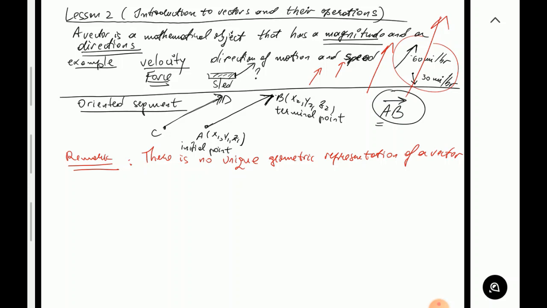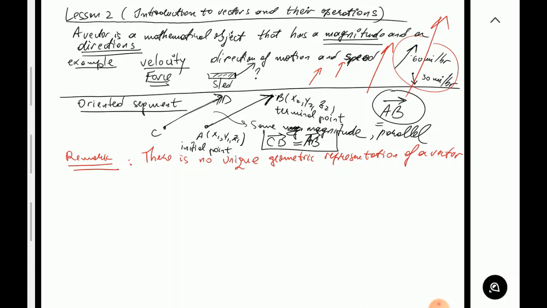If they have the same magnitude and are parallel, they represent exactly the same vector. So the vector from C to D is exactly the same vector as from A to B. No unique representation, and it doesn't really matter which representation of a vector you choose. The whole math will work just as well.